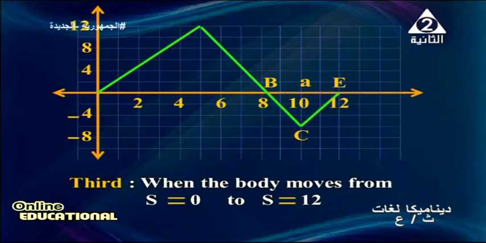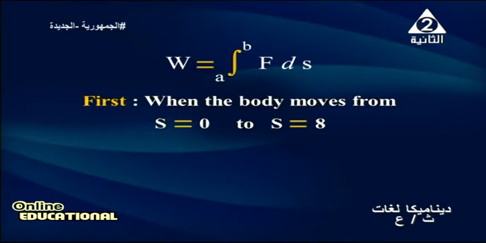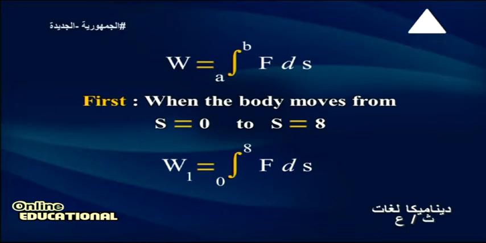We know that the work W equals integration F ds from A to B. In the first case, when the body moves from S equals 0 to S equals 8, then the work done W1 equals integration F ds from 0 to 8. We can calculate the work by definite integral of the force F with respect to the variable S, or with respect to the displacement.